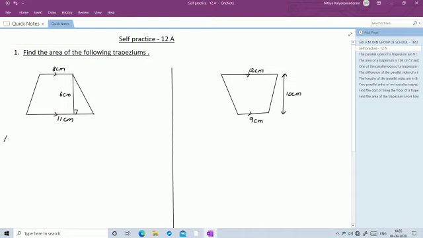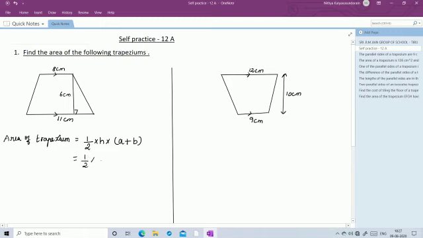So area of trapezium is equal to half into h into sum of parallel sides, so a plus b. Here h is 6 centimeter, a is 8 centimeter, b is 11 centimeter. So substitute in that formula and calculate what is the area of this figure.